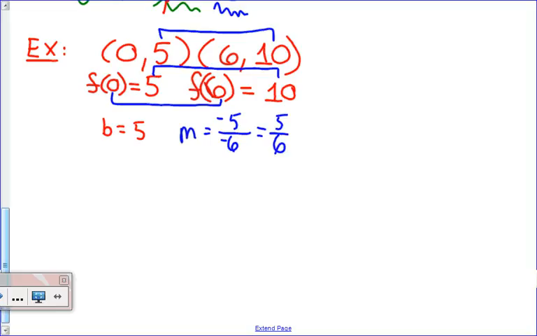And what is our equation going to be? Instead of y, we're going to use f, because it says f right there. F of x is equal to, what's m? 5 sixths x plus 5. Make sure your x is in the middle or the top, but not in the bottom.